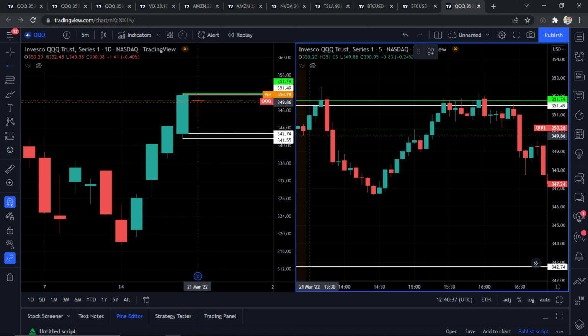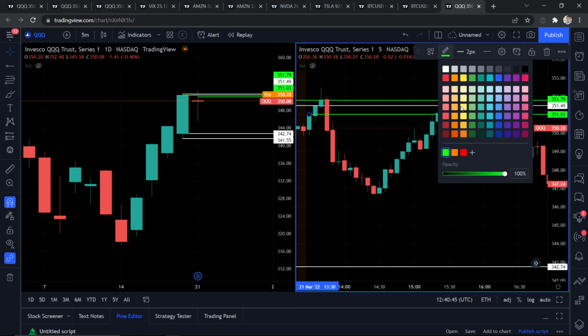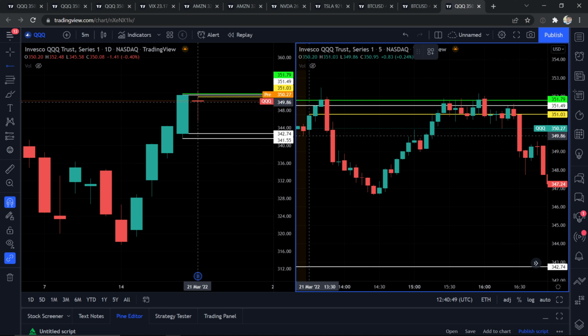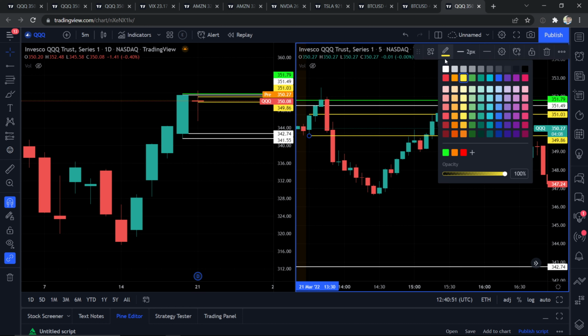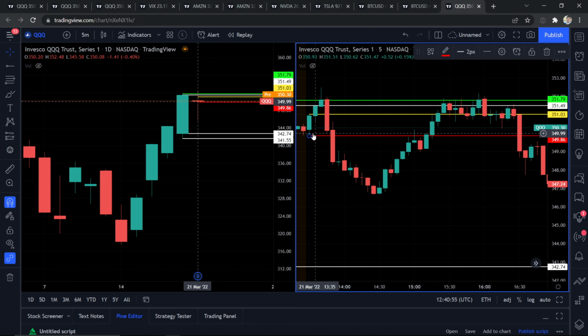If you're day trading and if you're intraday trading, mark out your first 5-minute candle high. All right, so we'll do it yellow just to change the colors, and then mark out your first 5-minute low. All right, so here you have your first 5-minute low, your first 5-minute high.